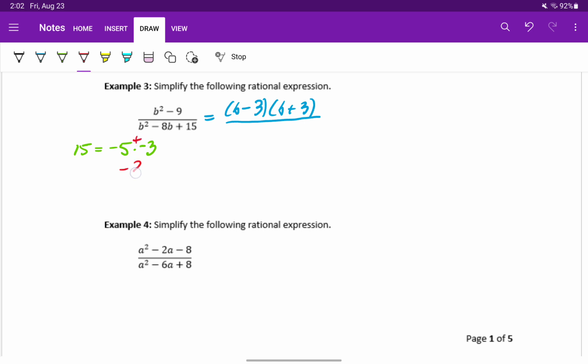Adding those together would give us negative 8, which is that middle term that we're after. Since our leading coefficient is 1, that's all the more work we need to do to know that this will factor as b minus 5, b minus 3. Now we can look at any common factors, which in this case would be b minus 3. Those will cancel, leaving us with b plus 3 over b minus 5.